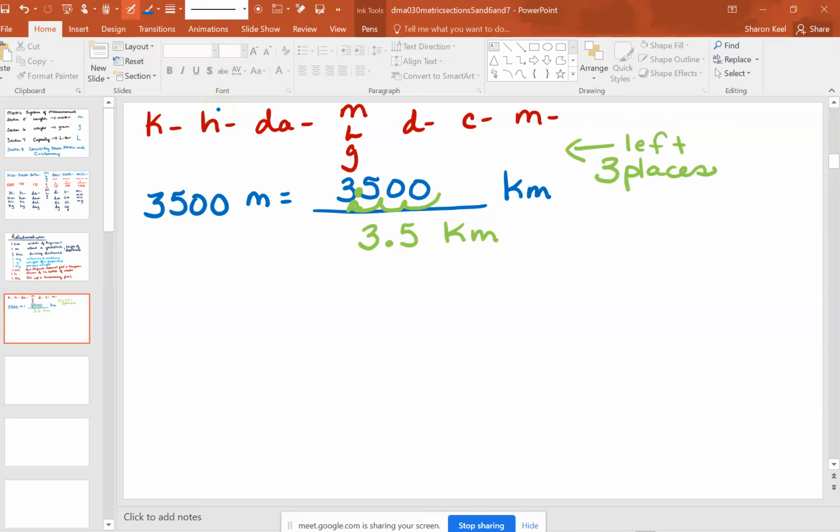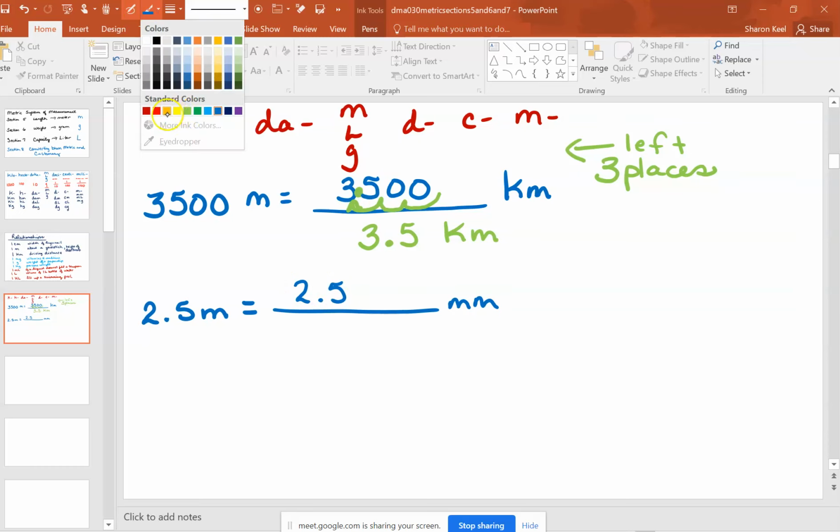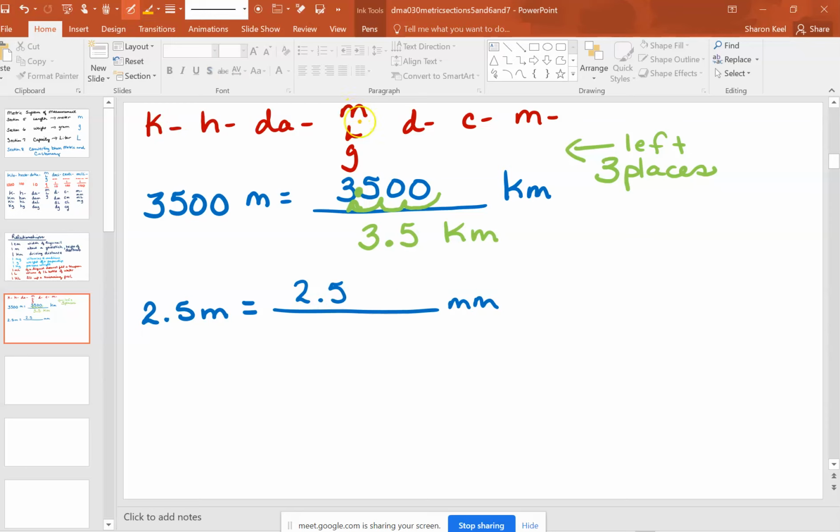Okay, let's say we're going to go from 2.5 meters to millimeters. So for here, I'm going to write down my 2 and my 5, my 2.5, and then I'm going to come look at the chart. I'm going to start at meter here in the middle, and I'm going to go to the right to get to the prefix milli.